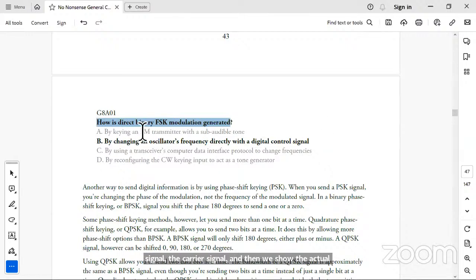So how it's generated is by changing an oscillator's frequency directly with a digital control signal. The oscillator frequency generates the carrier wave, and then we apply the direct digital control signal, which is our 1 and 0, and that causes the frequency shift to occur between the first frequency and the second frequency, the two frequencies.